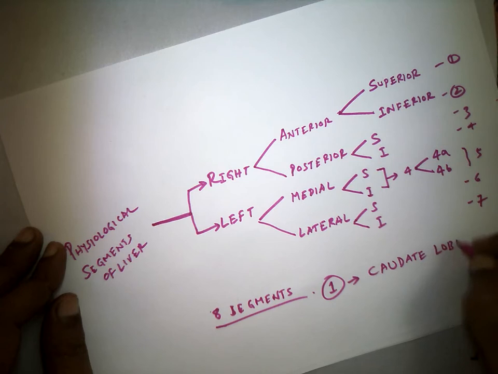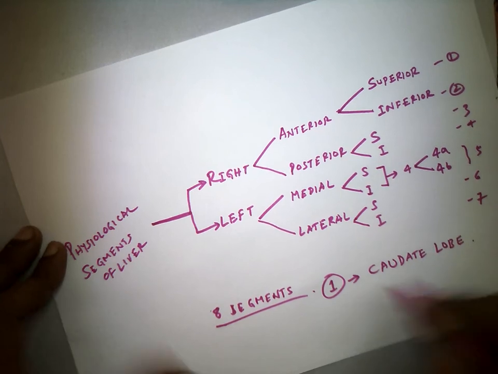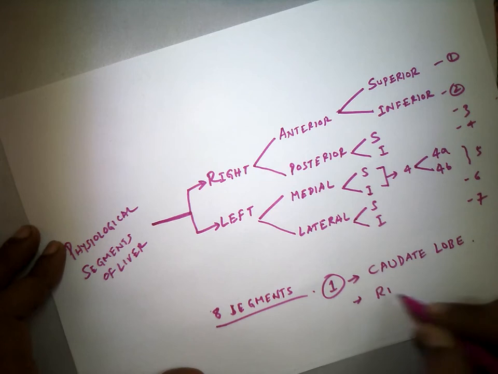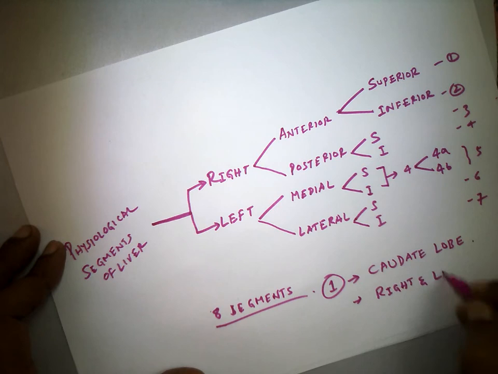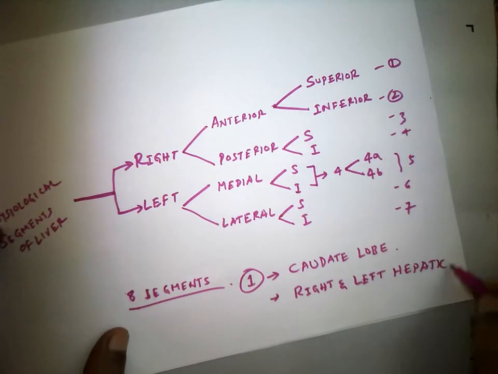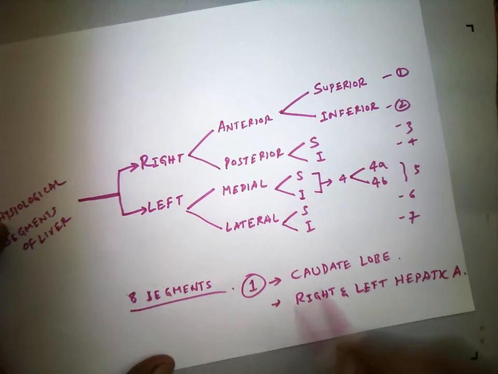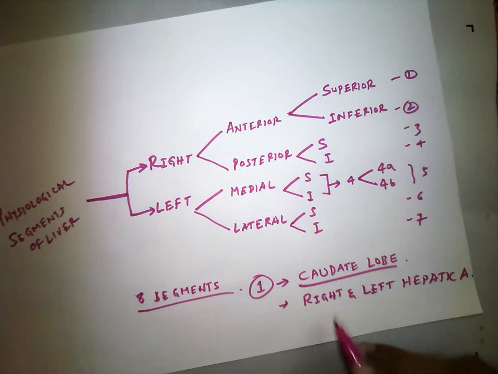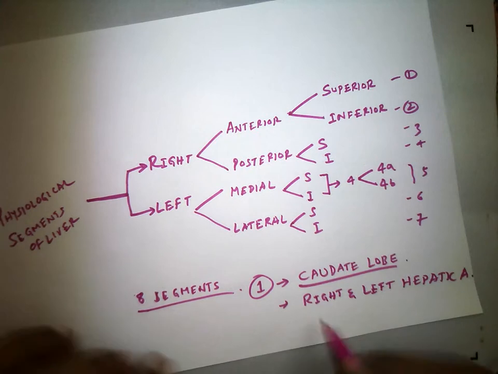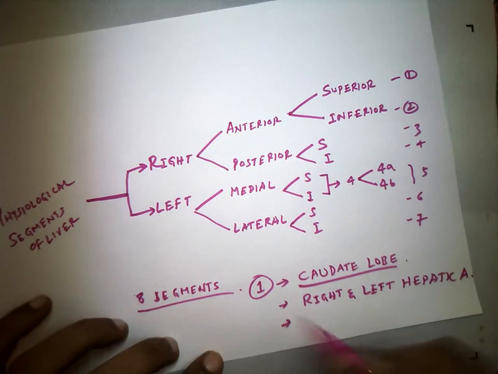Caudate lobe, because this caudate lobe receives blood supply from both right and left hepatic artery, and it's a unique feature of this segmentation.